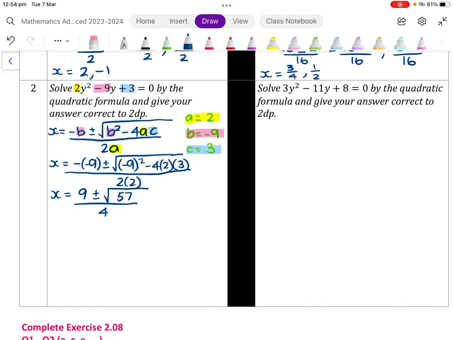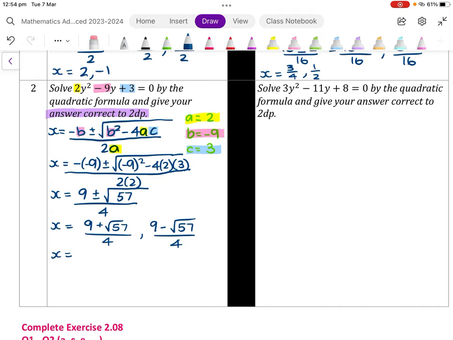We can't simplify root 57 in our surd, and we've been asked to give our answer correct to 2 decimal places, so there's no point going any further with simplifying it. What we need to do is find our positive version, which is 9 plus root 57 on 4, and our negative version, which is 9 minus root 57 on 4.